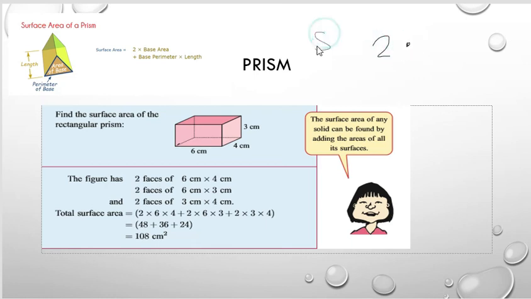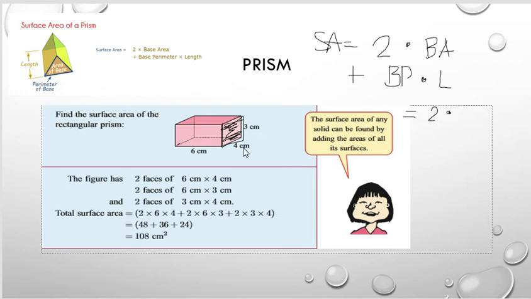Surface area is equal to 2 times your base area plus base perimeter times the length. Here we will take this part as our cross section. If that is our cross section, therefore this is our base. If you cut that, you'll be getting the same figure.